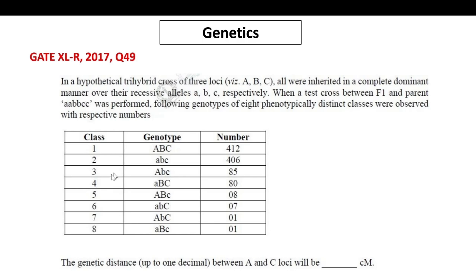What they want is that they have given the numbers, meaning the following genotypes of 8 phenotypically distinct classes. So they have given the number of genotypes among the 8 phenotypically distinct classes, and their numbers are given in this table. What they have asked us is the genetic distance, up to 1 decimal, between A and C loci.